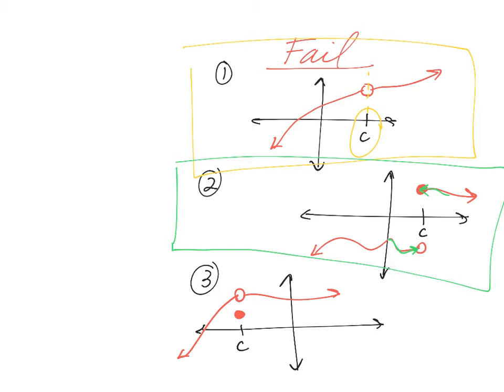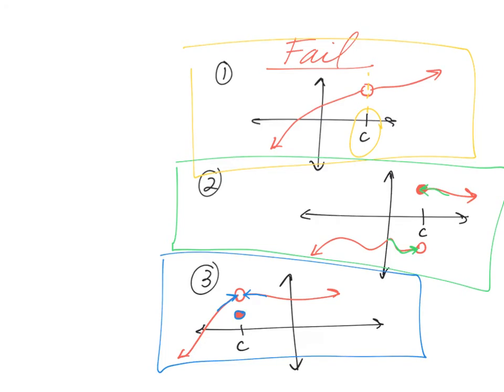Finally, in number three, this is an example of the function having a limit at c and having a function value, but since they are not the same thing, the function is not continuous. So you would predict a particular y value for the limit, but that function value is a different y value. Therefore, it is not continuous.